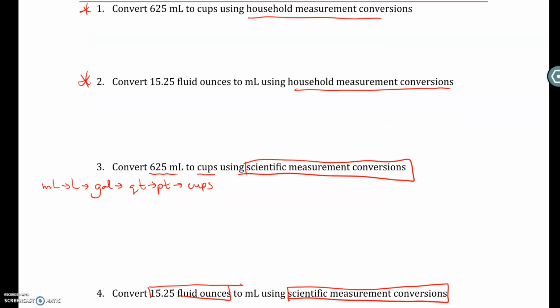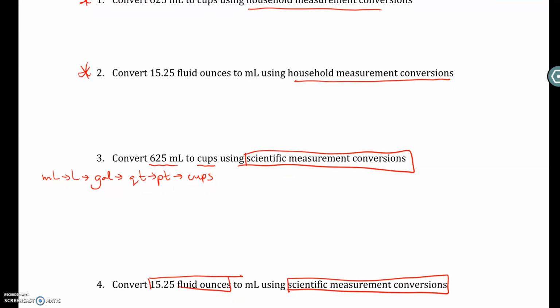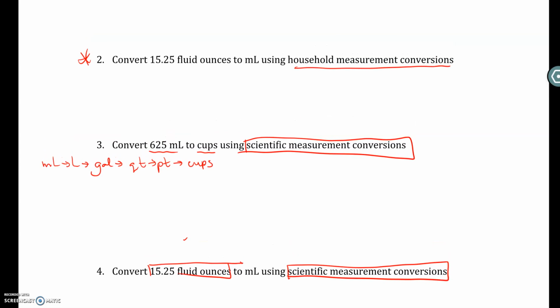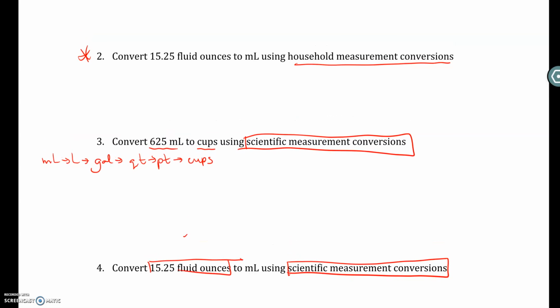Okay, so you're going to convert 625 milliliters to cups using the household measurements, then 15.25 fluid ounces to milliliters using household conversions. The next 2 questions are a bit of challenge questions. You're going to convert 625 milliliters to cups using scientific measurement conversions. This is going to involve several different factors based on what's available on our chart.